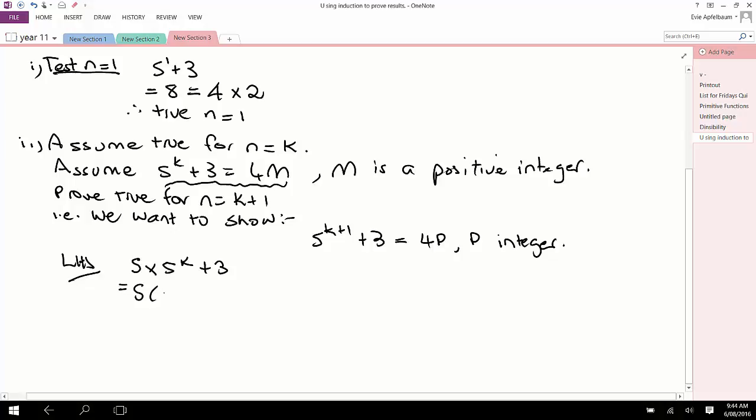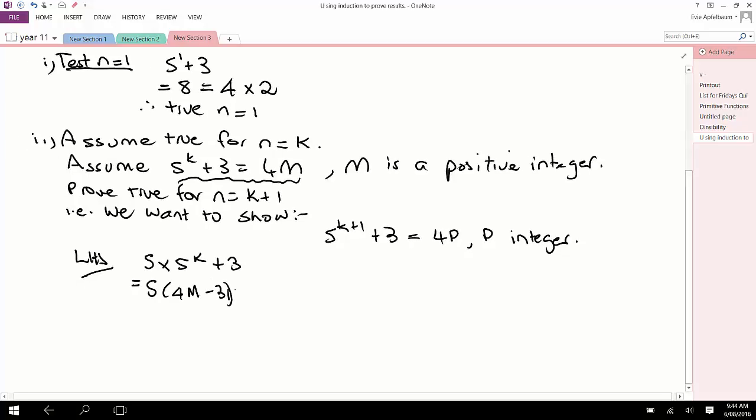So that's 5 times 4m minus 3, plus 3. That is just 20m minus 15 plus 3. You should check this step to make sure you understand it, because it occurs in almost every one of these proofs. And that is 20m minus 12.